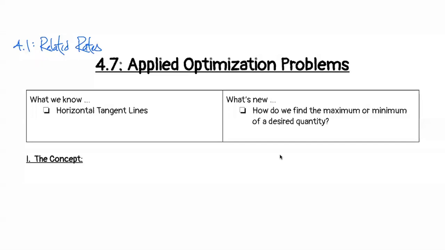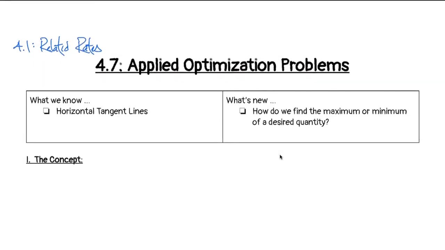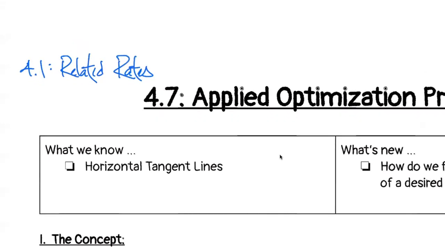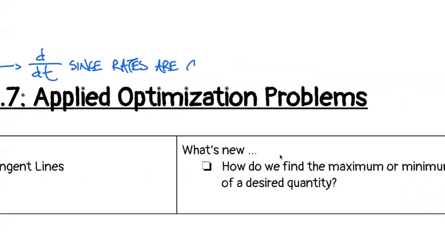But one thing I want to point out, in case you have not taken a look at 4.1 yet, is that when we look at related rates, instead of having a dy/dx, we're going to be looking at a dy/dt, since rates are changing over time.